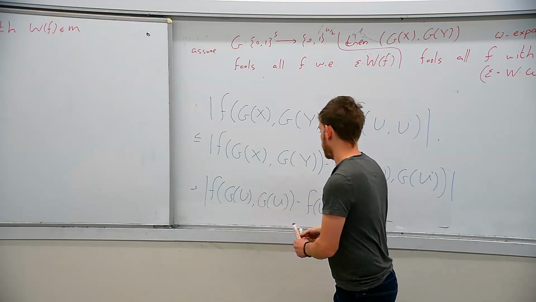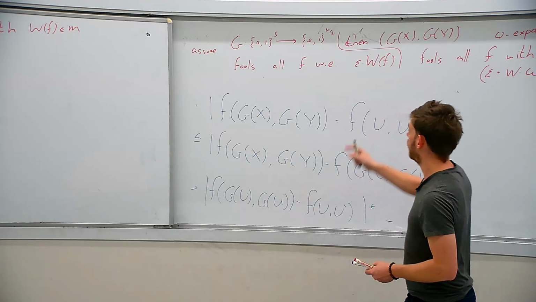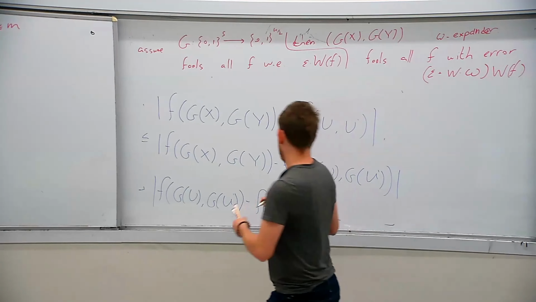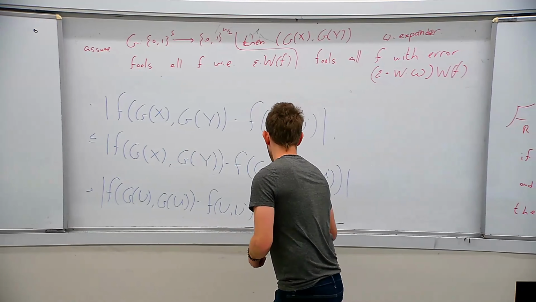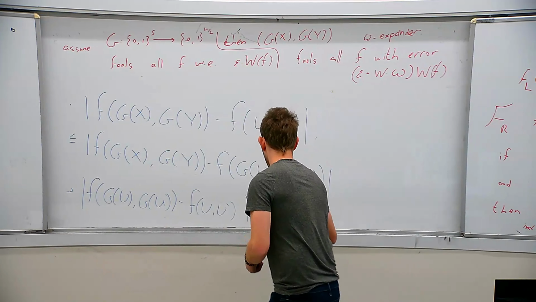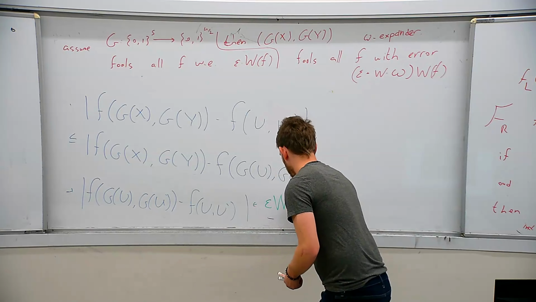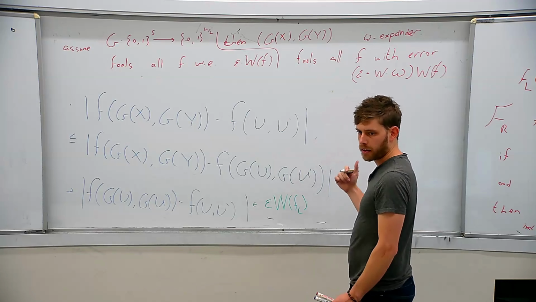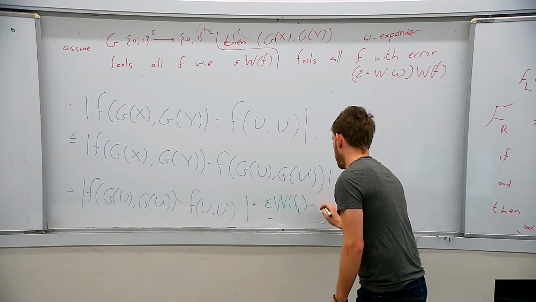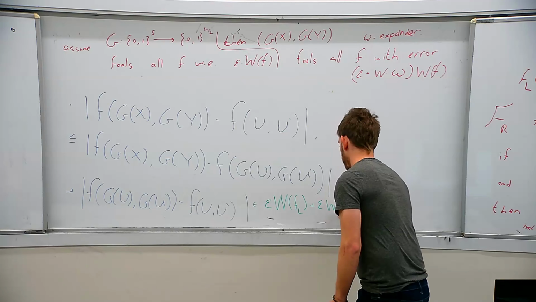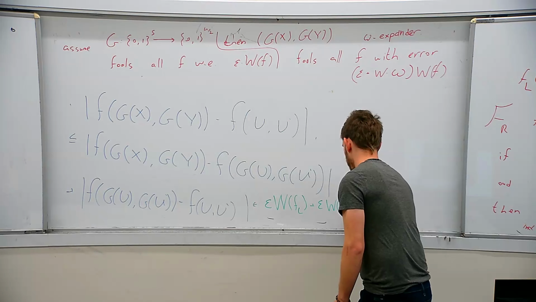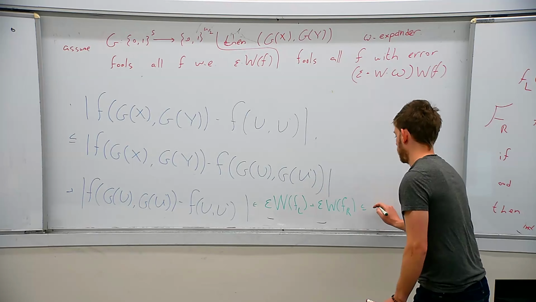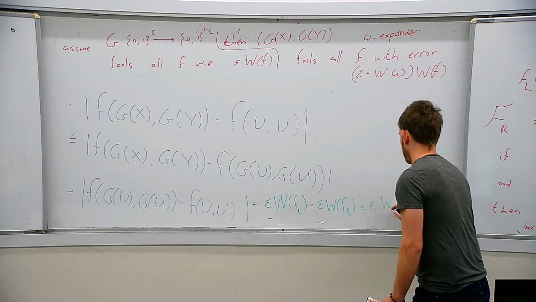So it fools the left side with epsilon times the weight of the left side, and the right side with epsilon times the weight of the right side, which is at most epsilon times the weight.